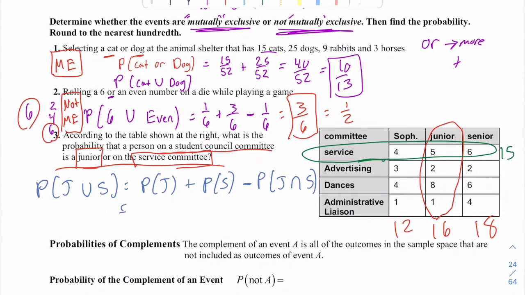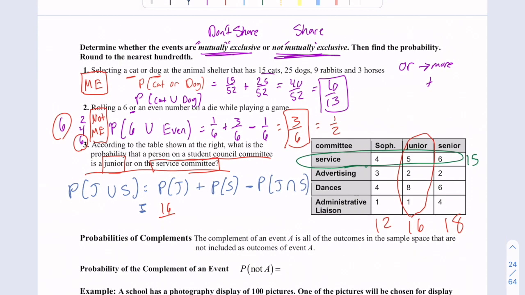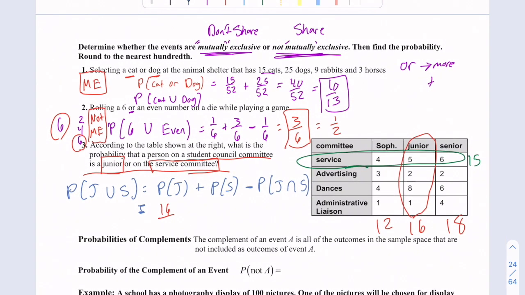Okay. So really just, in your head, right, if you want to think about it, you're going to do 16 plus 15 minus the duplicate. So it should be 26. And let's see if that math works out. Probability of being a junior, 16 out of what? Oh shoot, what's the total? The total looks like it is 46. All right, add them all up. 46.